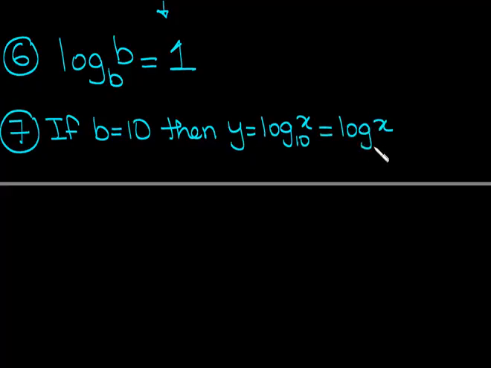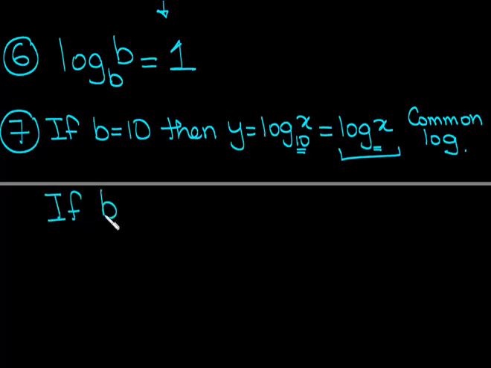So if there's no base given, it's assumed to be 10, and we call this the common log. You'll notice that if there's no base given, the base is always assumed to be 10, just like with square roots. If you don't specify the index, it's always assumed to be 2, right? Same thing here.